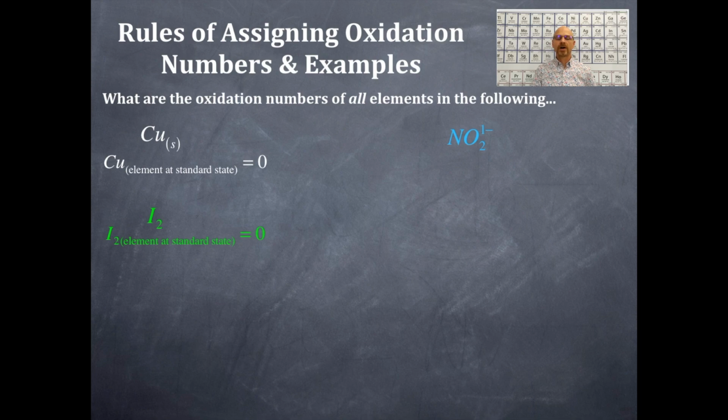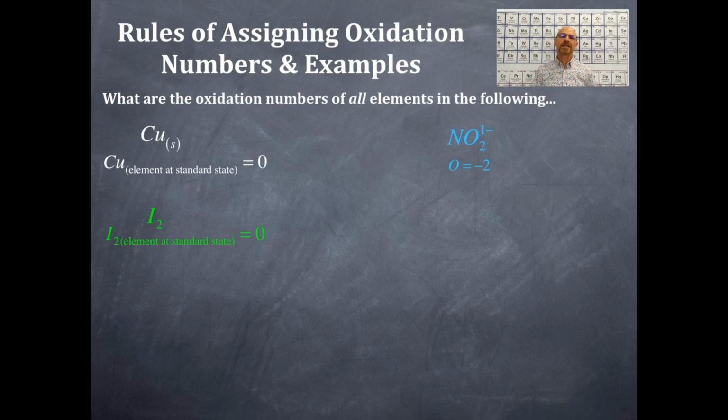So oxygen followed a particular set of rules for its oxidation number. It is going to be a -2 for the most part, -1 in peroxides, and a +2 when with fluorine. Well, this is not a peroxide, and it's not with fluorine, so therefore the oxygen is going to be a -2. So that's one that we actually know. Okay, that's based on the rules which we have defined previously.